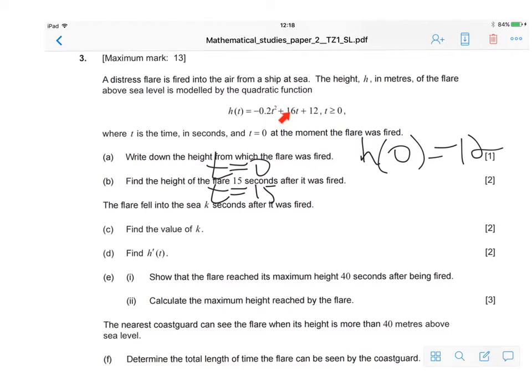And then this is 16 times 15, 240, plus 12, 252 minus 45. H of 15 is 207 meters.